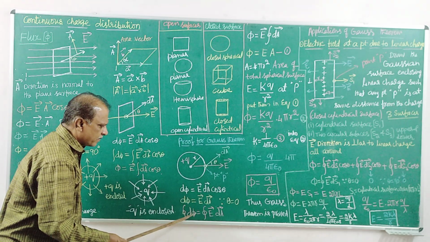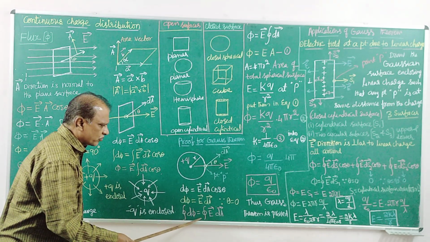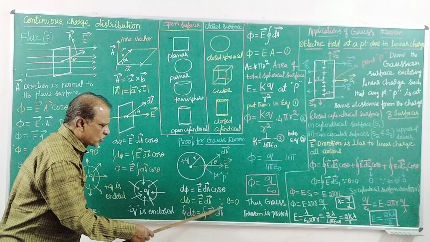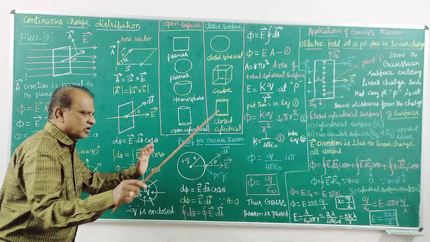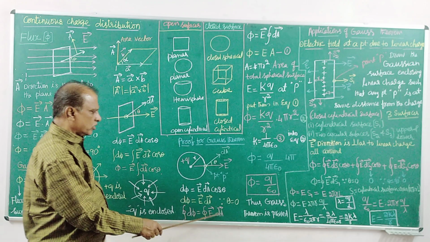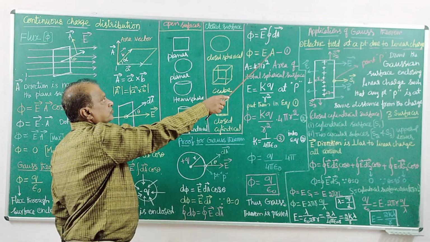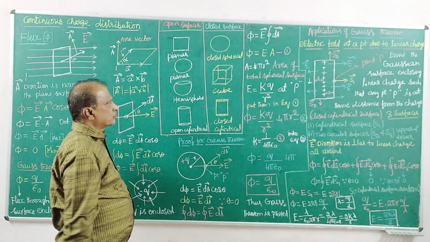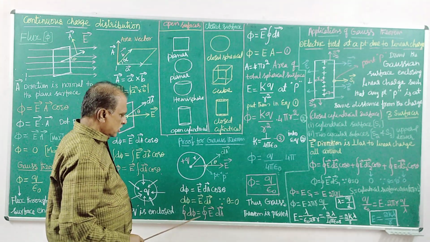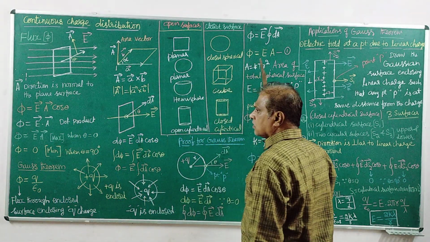So the flux through the enclosed surface is equal to the integral of E dA over the total surface area of that enclosed geometry. So E times A is the final mathematical equation for this.